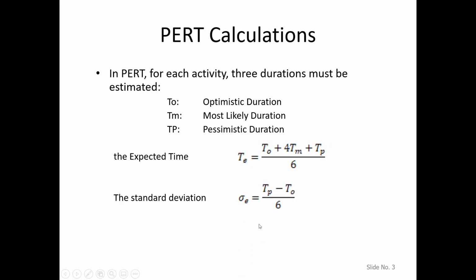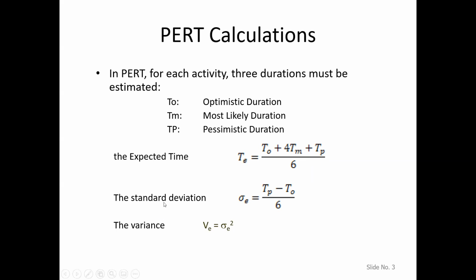After that, we also need to calculate the standard deviation for each activity. The standard deviation for each activity will simply be the pessimistic duration minus the optimistic duration, divided by 6. And we can use these parameters for further calculations.